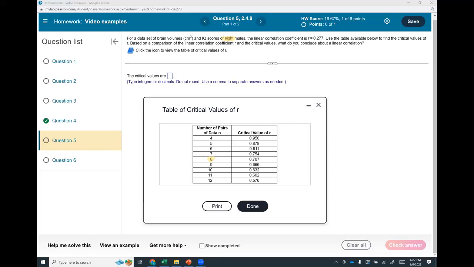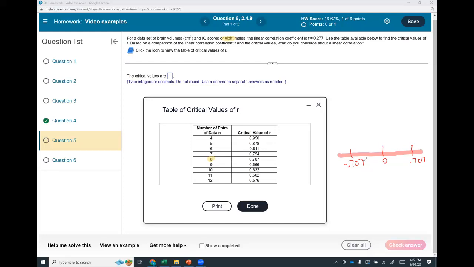So I come over here. I have my number line. I have 0.707. Let's make this 0, negative 0.707. Okay, we always have the plus and minus.